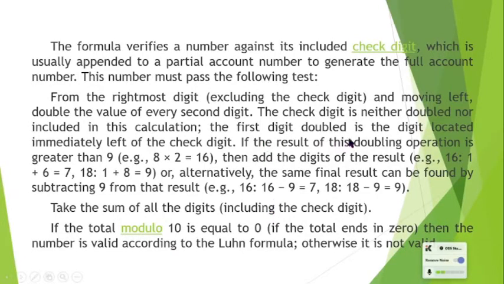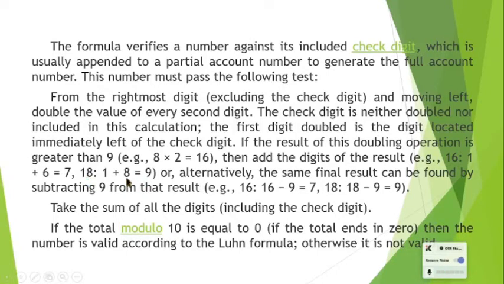So the first digit doubled is the digit located immediately to the left of the check digit. If the result of the doubling operation is greater than 9, for example 8 times 2 is equal to 16, then add the digits of the result. Example, 16 is 1 plus 6, 18 is 1 plus 8, which is 9.